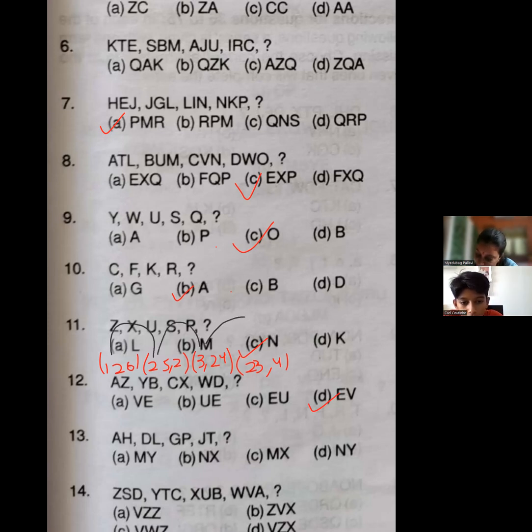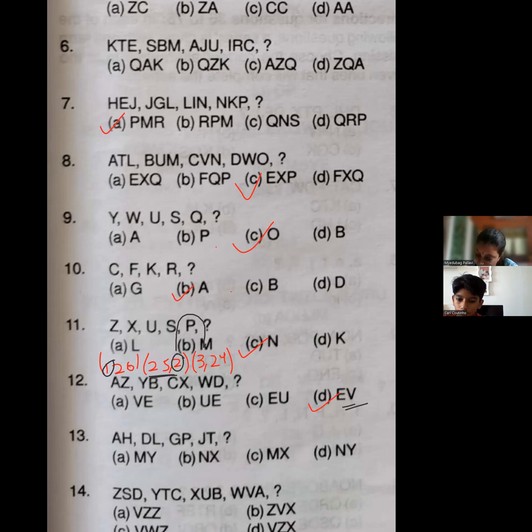But they are not in that sequence. In the first one, one is the first element of the pair, and then in the second term, 2 is the second element of the pair, like that it is going. So correct, your answer is EV. That's correct. Very good.